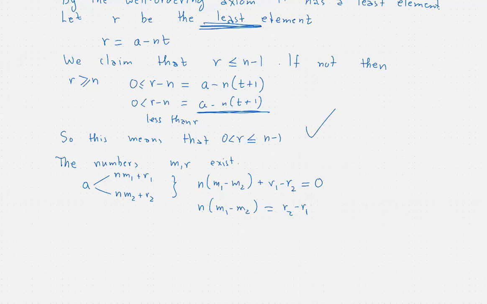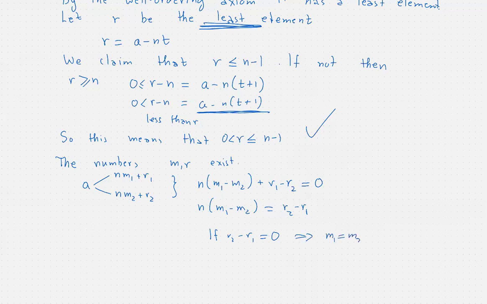So first of all, look at R2 minus R1. If R2 minus R1 is 0, then that implies immediately that M1 is equal to M2. So they are the same, right?